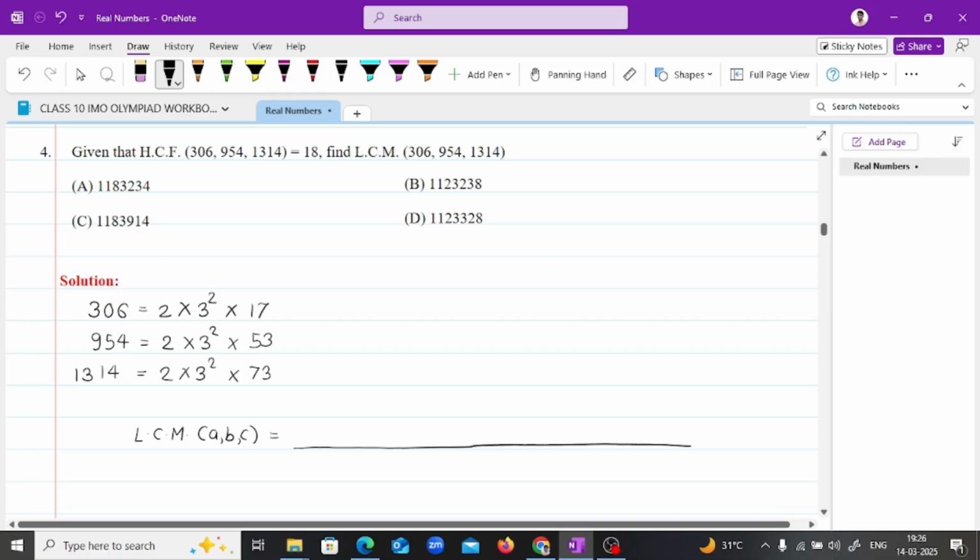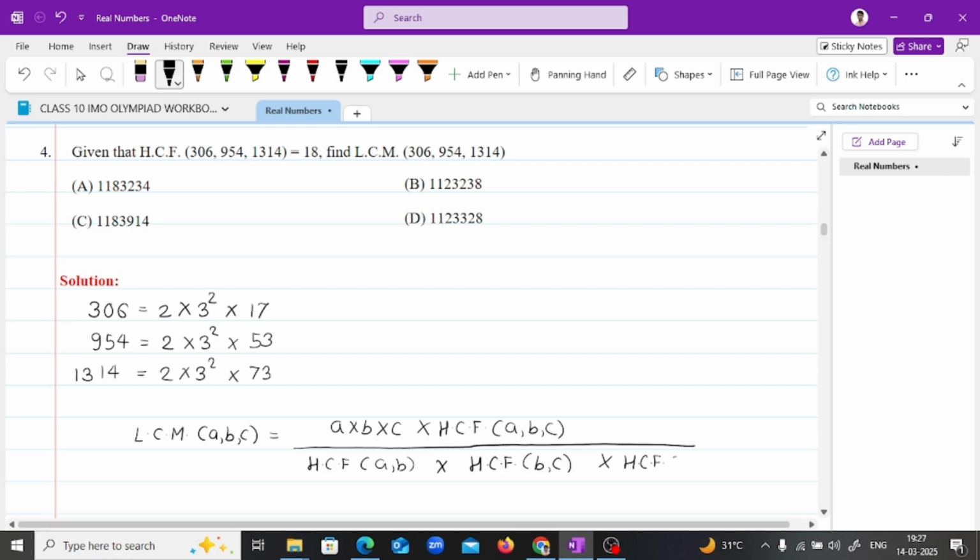LCM of A, B, C is equal to the product of the three numbers A into B into C into the HCF of the three numbers, that is the highest common factor of A, comma B, comma C, whole multiplication divided by HCF, that is the highest common factor of A, B, into HCF, that is the highest common factor of the second and third number, that is B, comma C, into HCF of, that is the highest common factor of the first and last number, that is A, comma C. Okay, by using this formula we can easily find the LCM of three numbers.